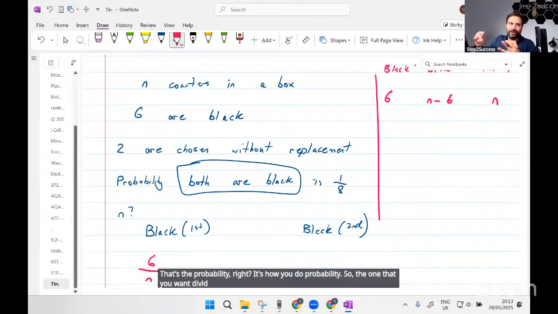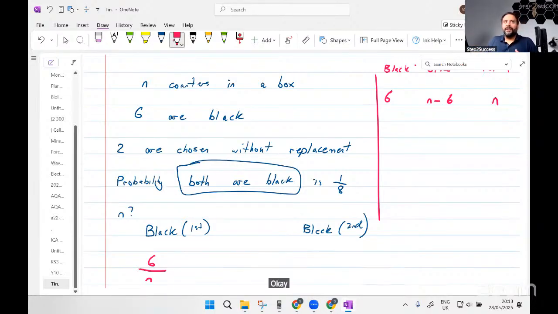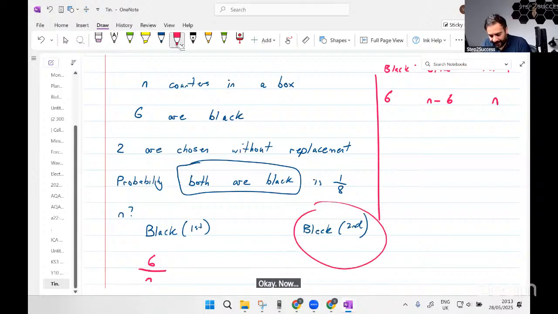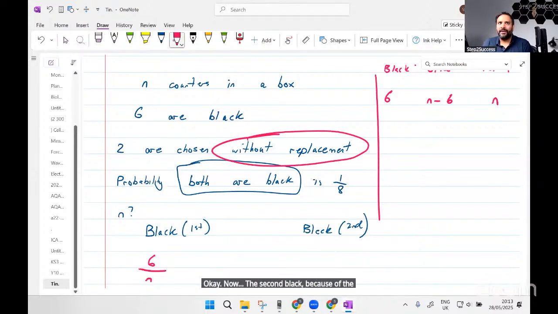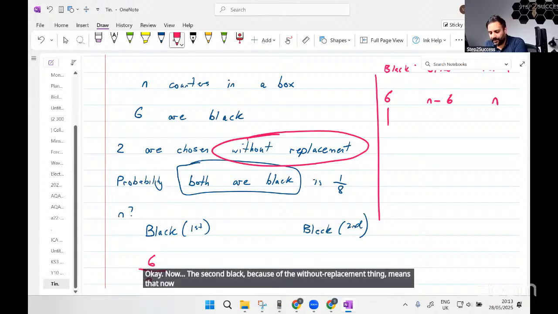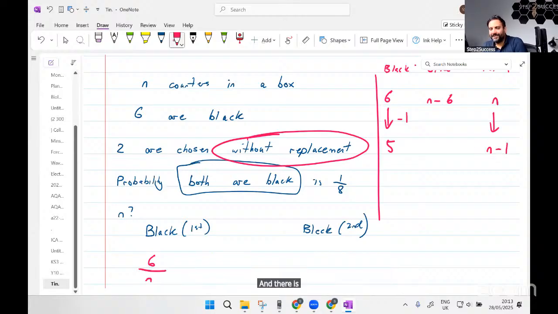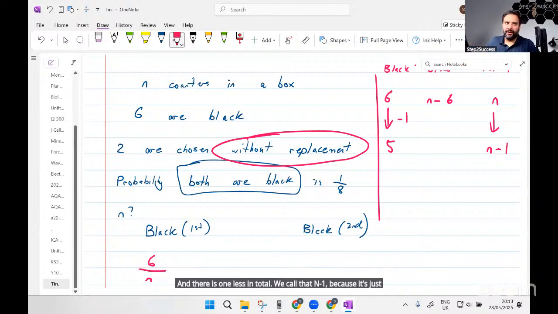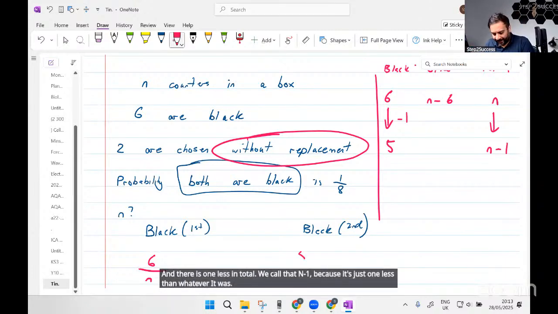So the one that you want divided by the total. Now, the second black, because of the without replacement thing, means that now there is one less black in total because you've taken one out already, and there is one less in total. We call that n minus 1 because it's just one less than whatever it was. So the second black is 5 out of n minus 1.